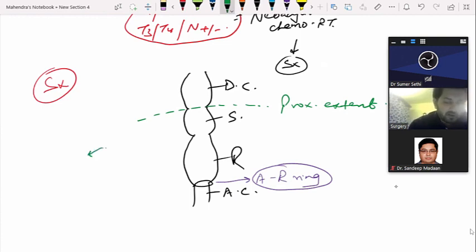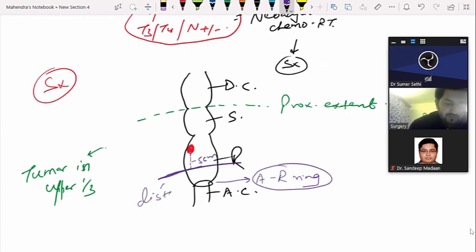Now let's see if the tumor is in the upper third. Suppose here. In these cases, we'll take approximately 5 centimeter distal margin, and this is the distal extent.